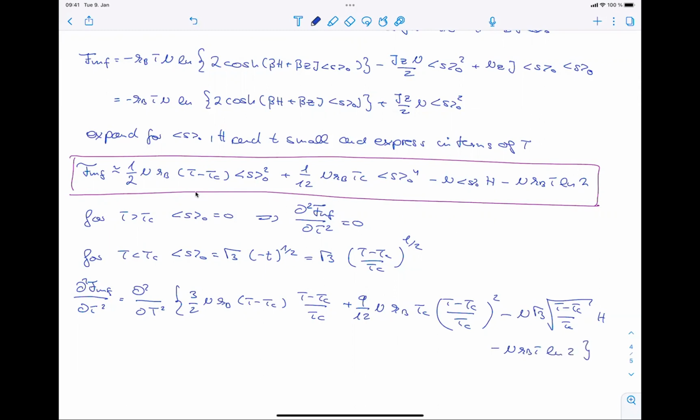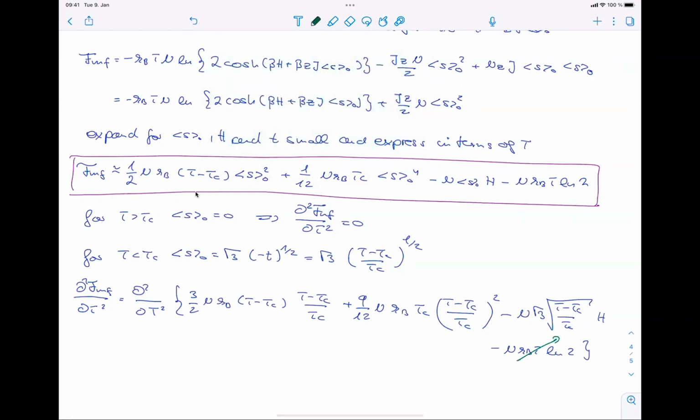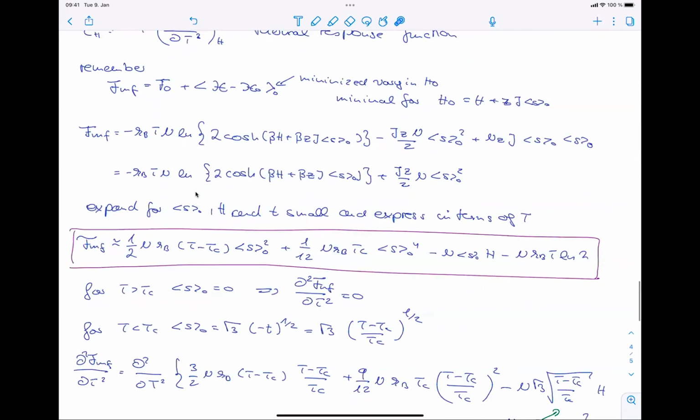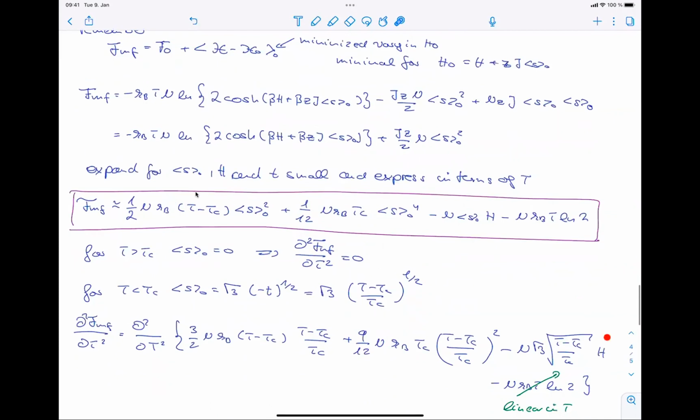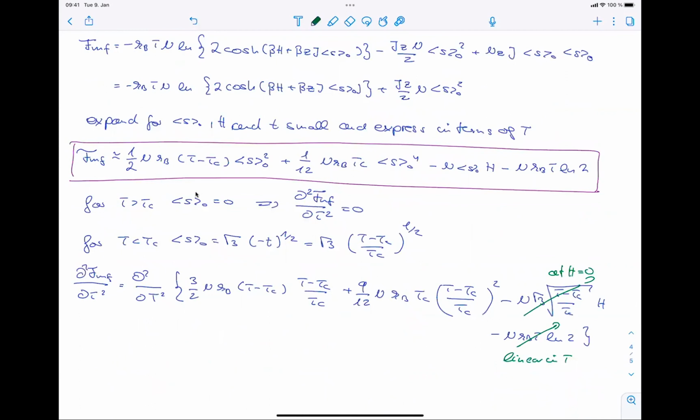Okay, so what will happen is, simple things first. Again, this is the linear term. If we take the second order derivative, this will vanish. It's easy. If we look at that term, we're interested in the thermal response function at 0 applied field. So at 0 applied field, if we set h to 0, this term vanishes. So we only have to deal with the first two terms that we can simplify by noting that this is 3 over 4.